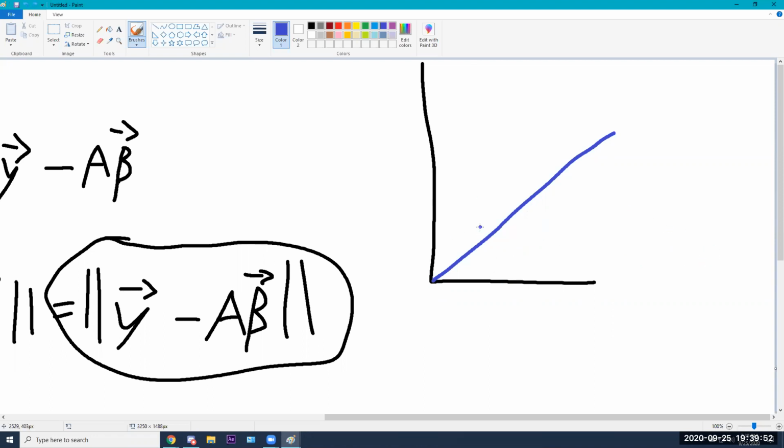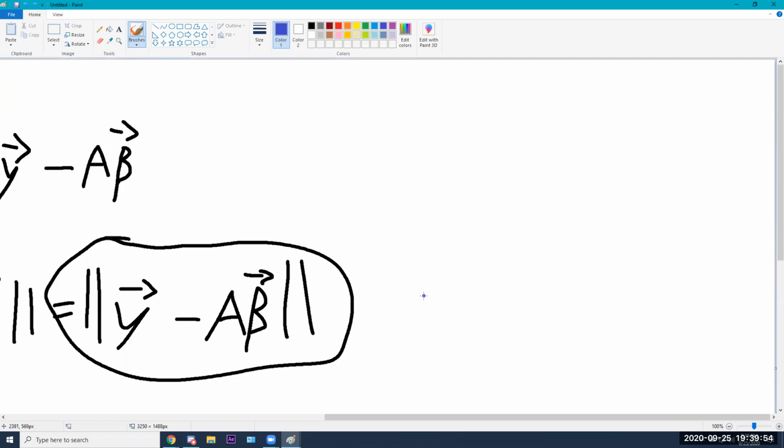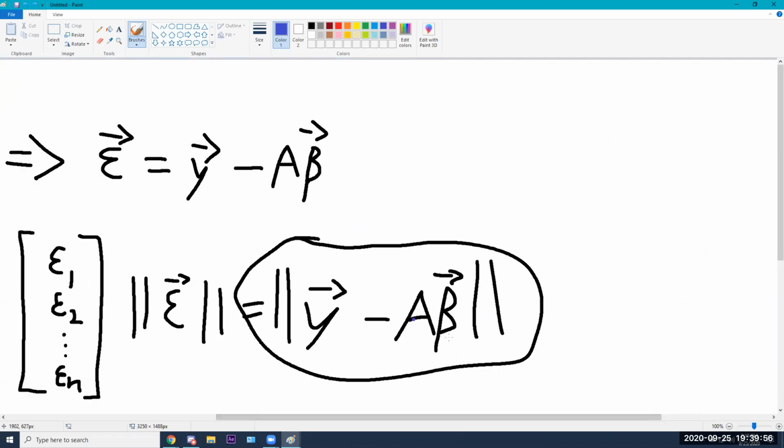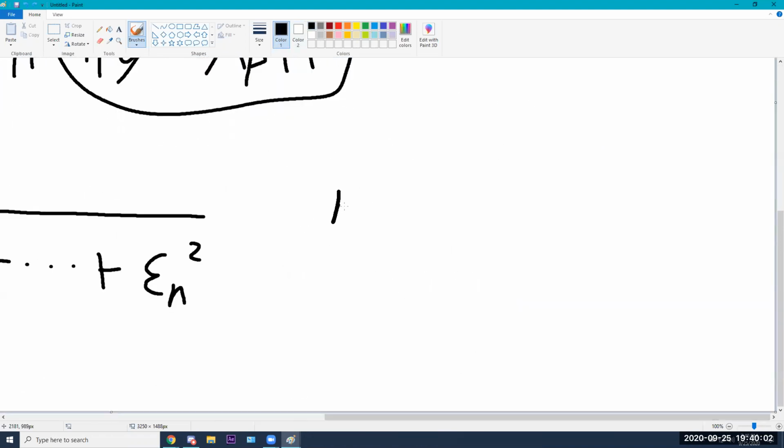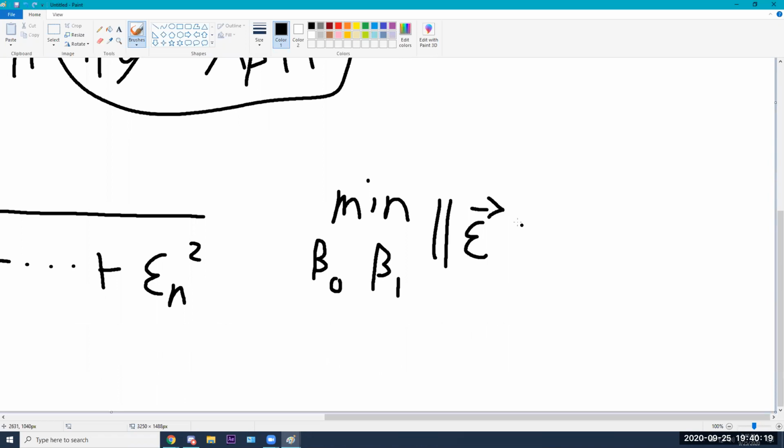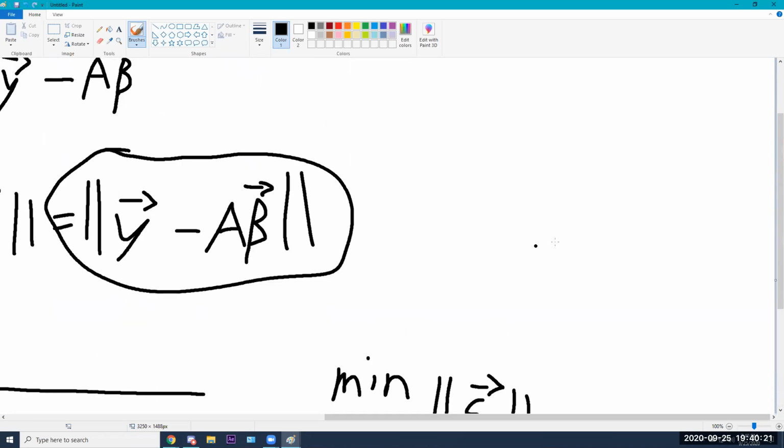And so those are the two terms we're going to be using to optimize this function. And so our goal here with the ordinary least squares is to minimize, with respect to beta naught and beta 1, our error terms.